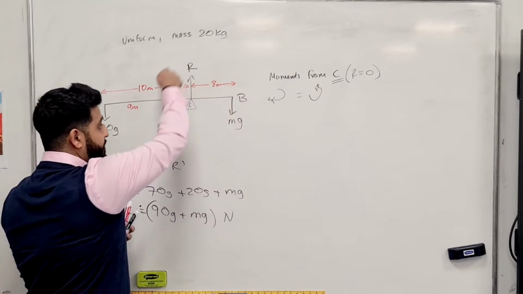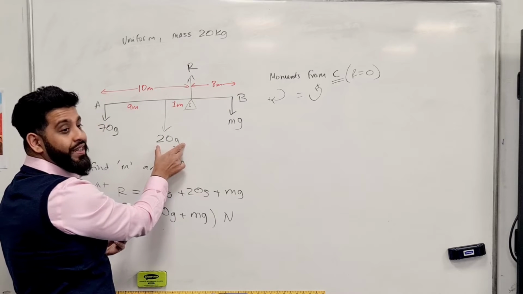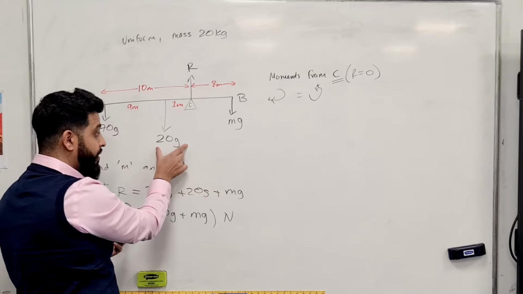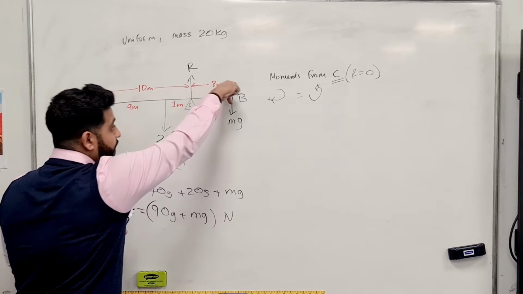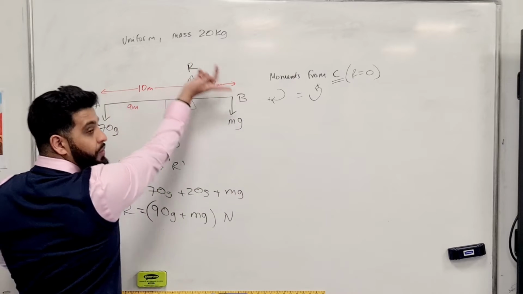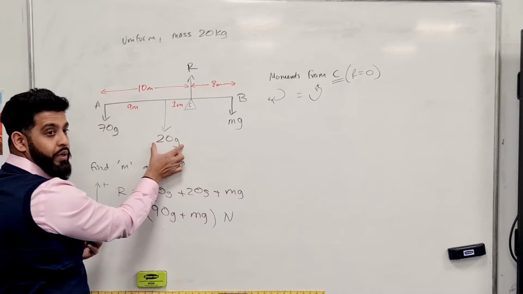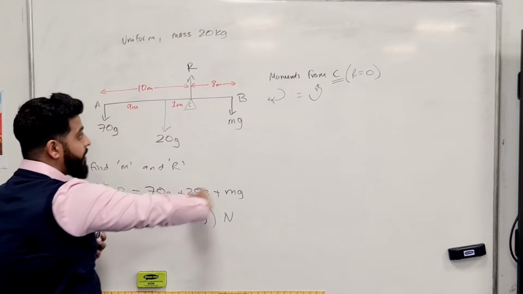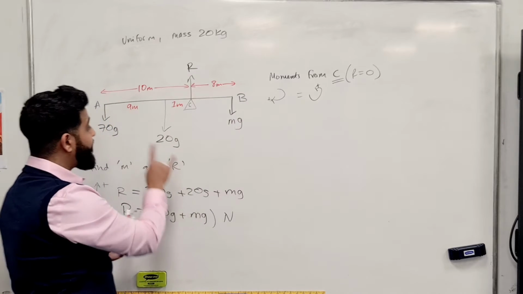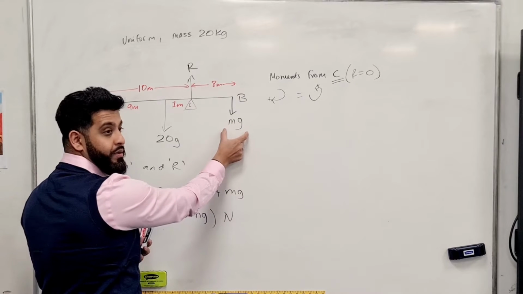So is this going clockwise or anti-clockwise? Anti-clockwise. What about this one, mg? Mg is going down this way. This is our pivot point, so it's going to be going around that, which is clockwise. So that's a clockwise, that's an anti-clockwise. What about this 70? It's going to be going that way, so anti-clockwise. So we have 2 anti-clockwise equal to 1 clockwise.